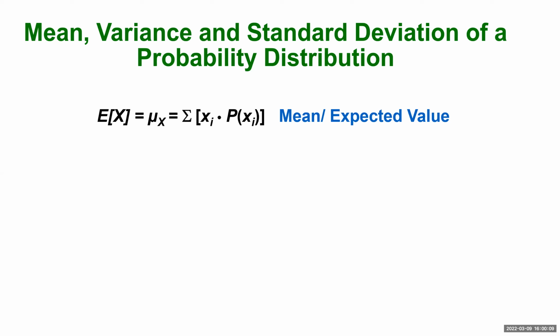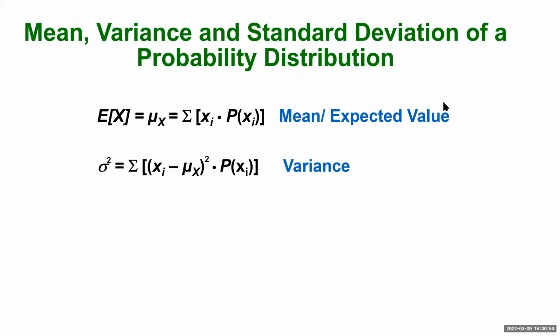Next, we have the variance formula, where we find the difference of each x value from the mean, and then square that difference, multiply by the corresponding probability, and then add all of such products up.